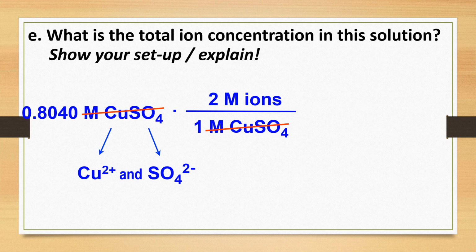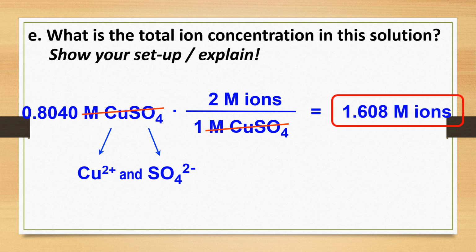You can also do 1 mole of copper sulfate gives 2 moles of ions, and cross off the moles and the copper sulfate separately. This way, with 0.8040 molarity of your solute, you will get twice as much concentration for your ions.